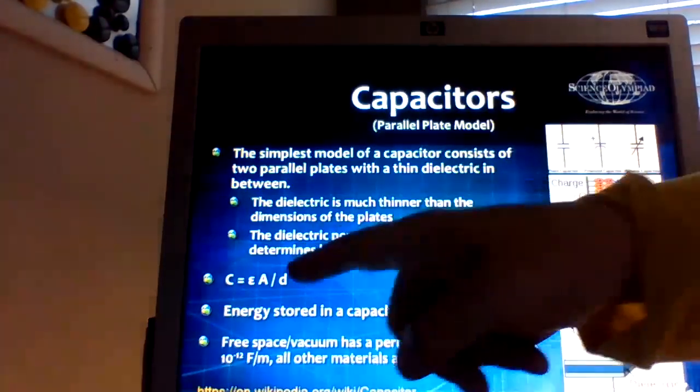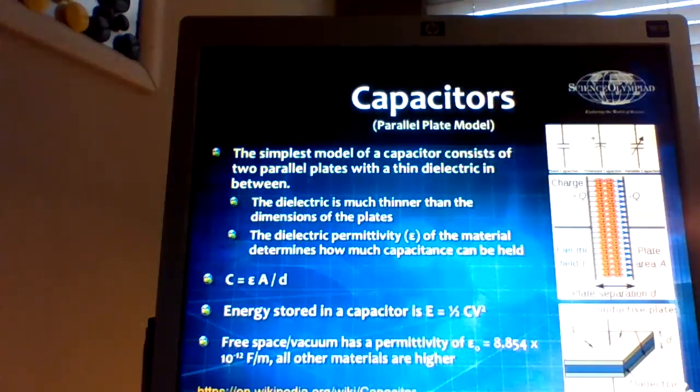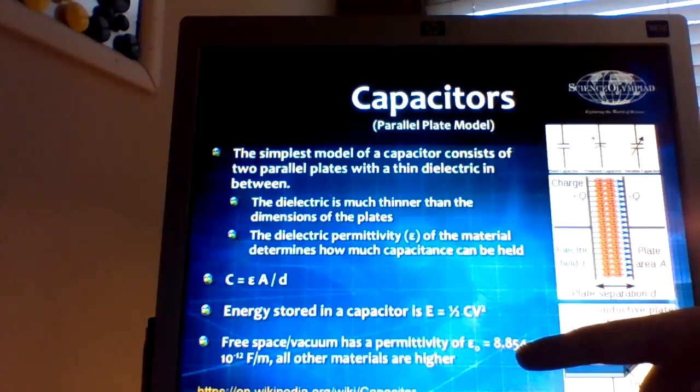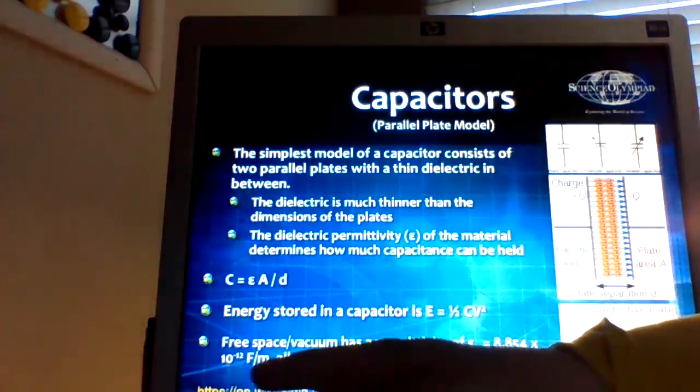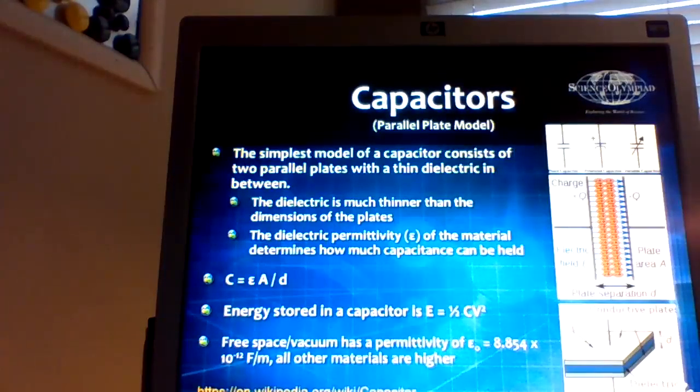And so I would say that these are also important things to put in your binder, as well as the permittivity of air or free space or vacuum, which is 8.854 times 10 to the minus 12 farads per meter. All other materials are going to have slightly higher, or in some cases, much higher permittivities. And so if we had a glass capacitor or a plastic capacitor, all of those.